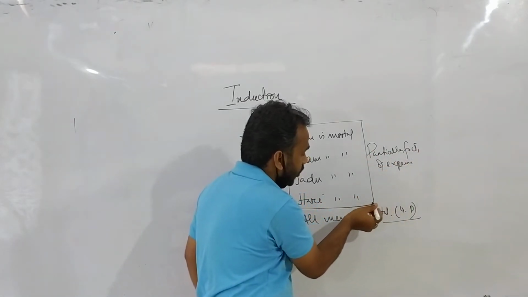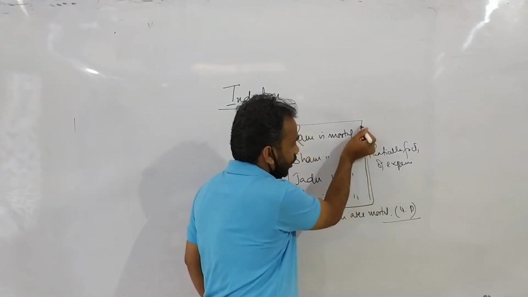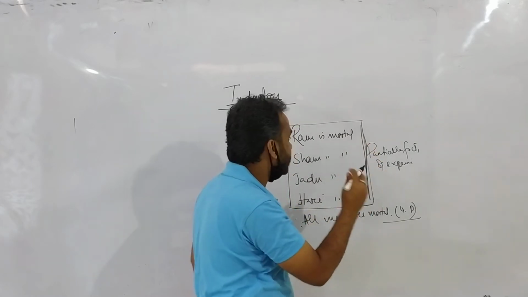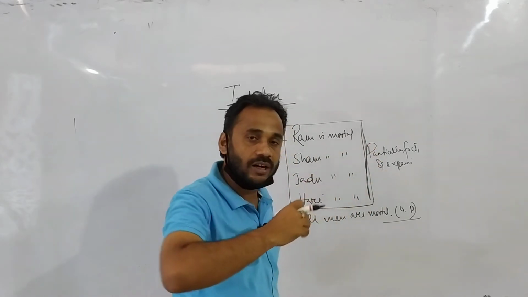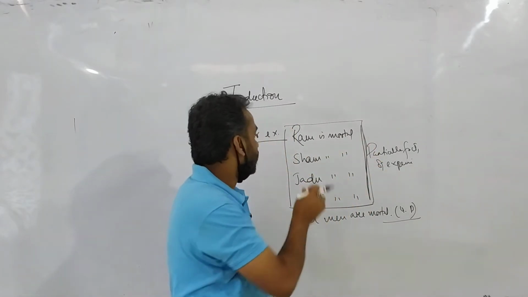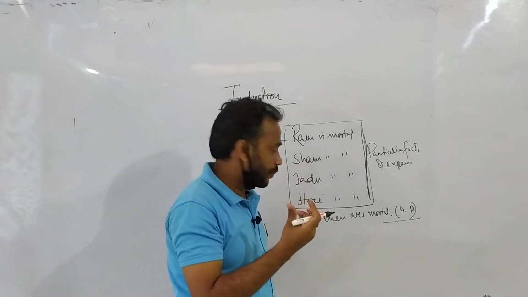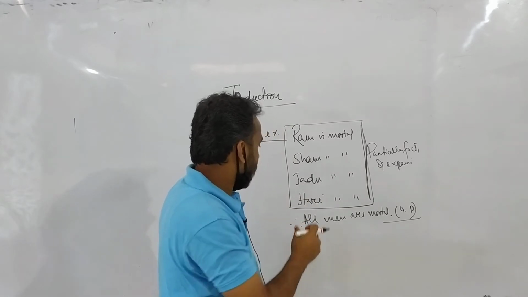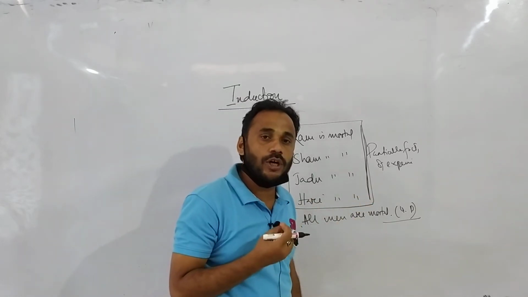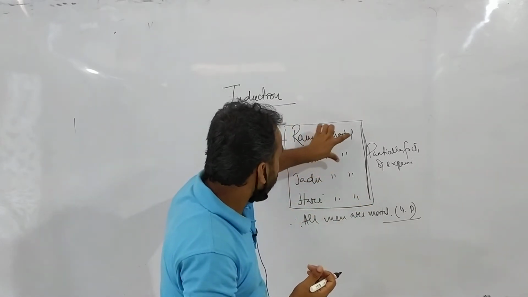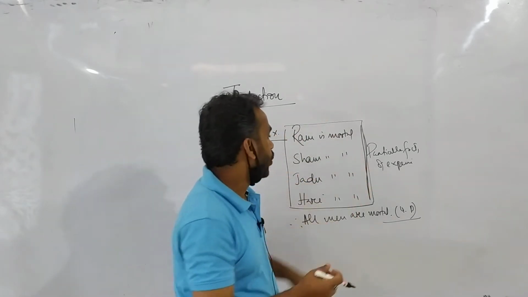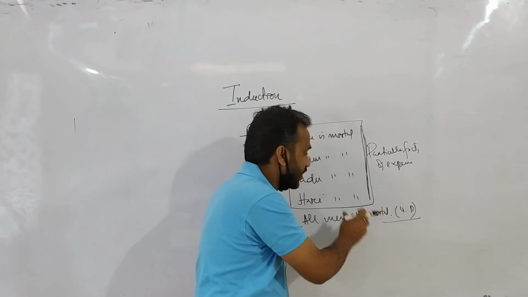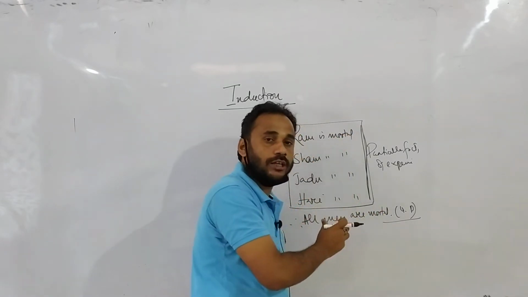That means on the basis of these experiences, Ram is mortal is one experience, Sham is mortal is one experience, Jadu is mortal is also one experience, and Hori is mortal is also an experience. On the basis of these experiences, we can conclude that all men are mortal. That is the inferring procedure.